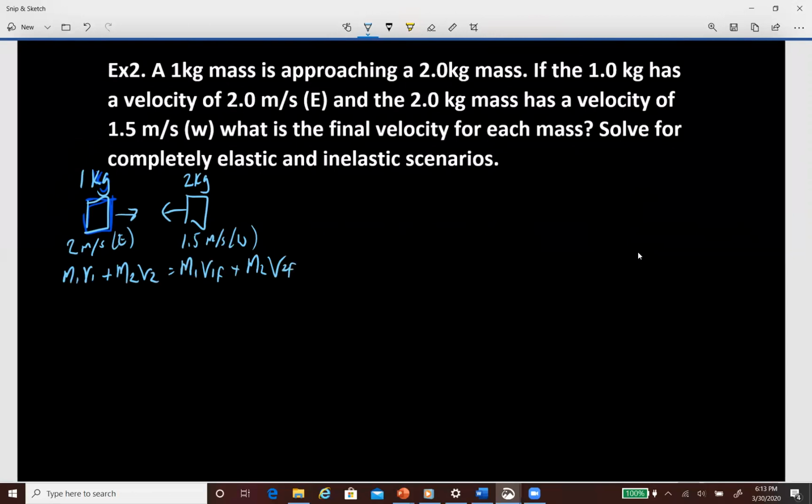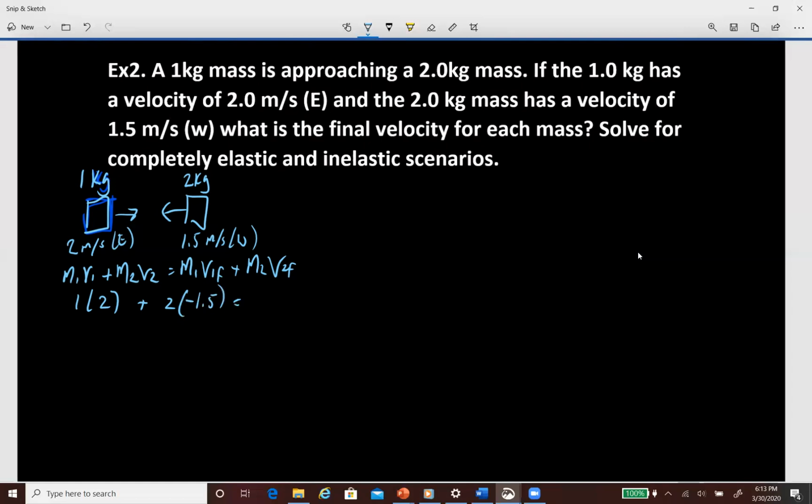So m1 is 1, its initial velocity is 2, east is positive, plus the mass of 2, so the second object has a mass of 2, but its velocity is 1.5 meters per second west, so it's going to be negative 1.5.